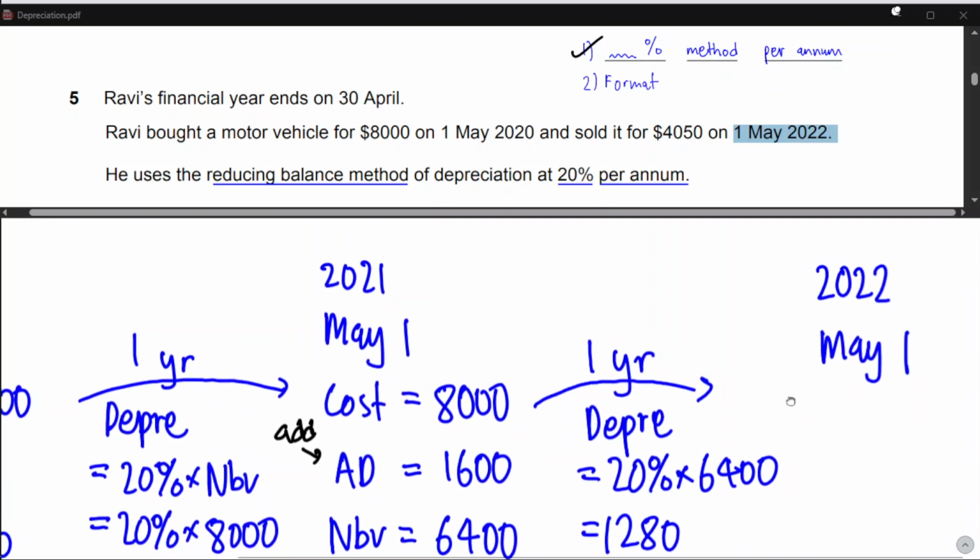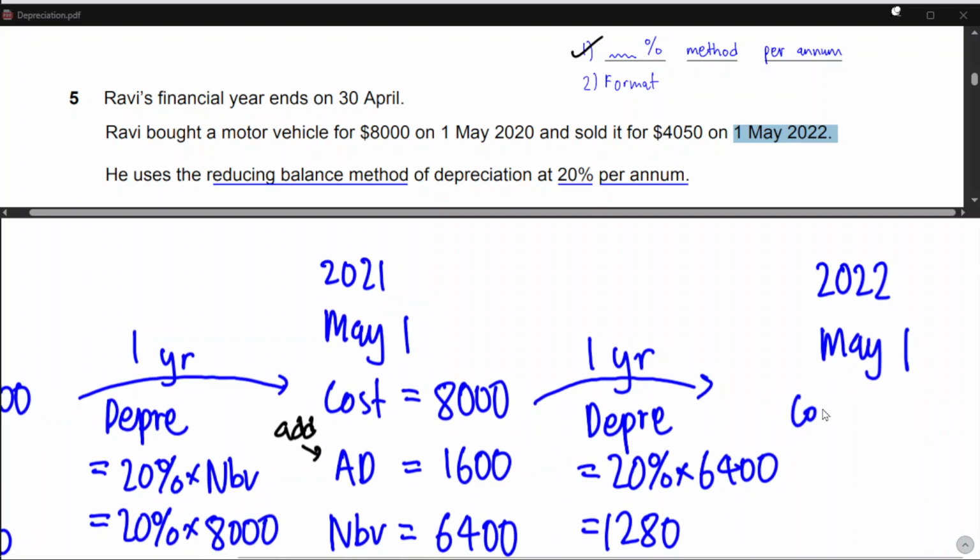The cost is still the same. The AD, we add this and this, equals 2880.